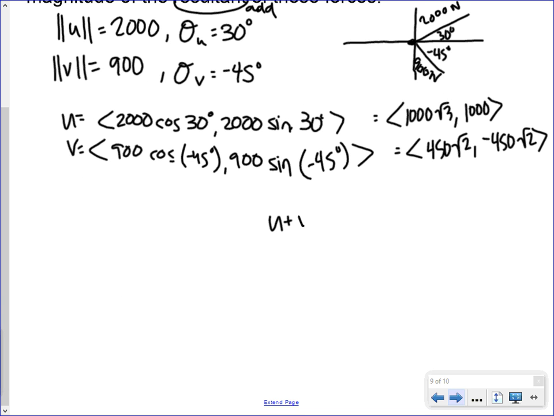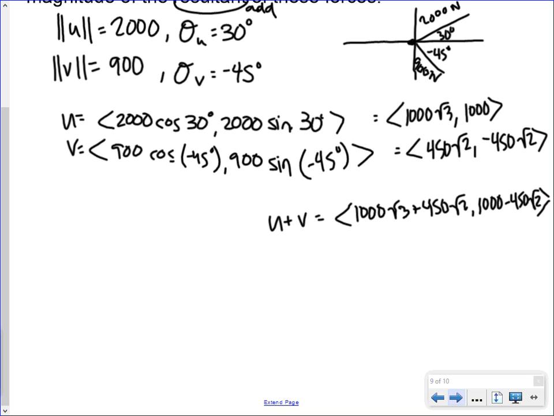Okay, so U plus V is equal to 1,000 square root 3 plus 450 square root 2, and then 1,000 minus 450 square root 2. And those horizontal and vertical components are not very nice. Do you agree with that? Okay, so this would be an example where I still have to do work. I still have to do the direction angle and the magnitude. I may just go ahead and add these together.